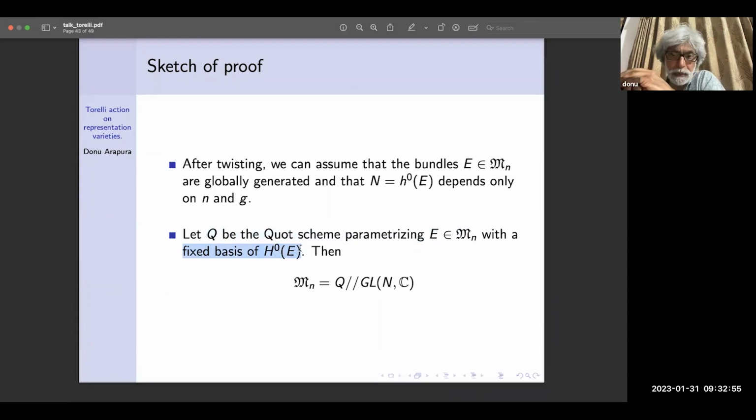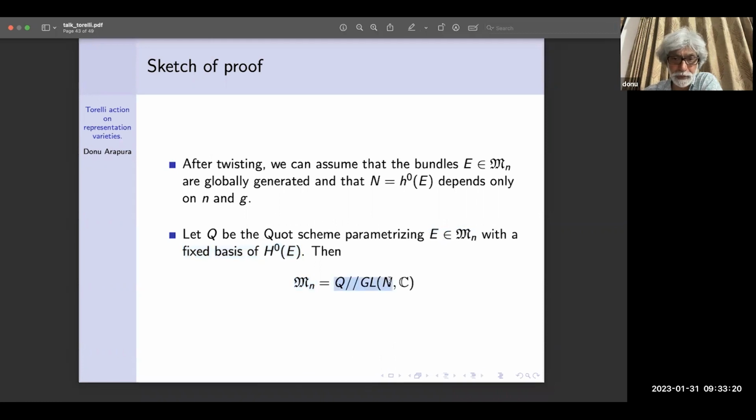So it's not just bundles, but, if you like, based bundles. And this quote scheme represents a functor, so it is a fine moduli space. But of course, you've added extra data to this moduli space to recover Mn.